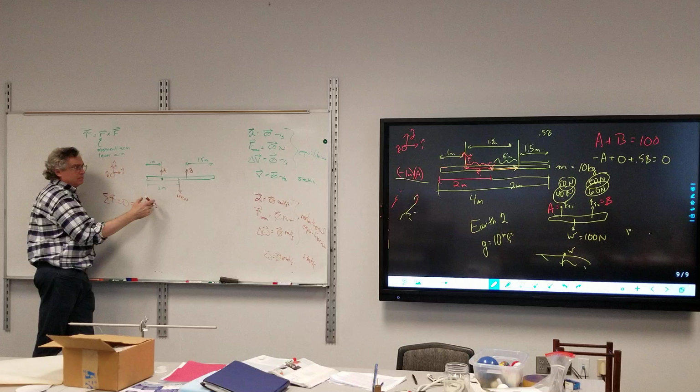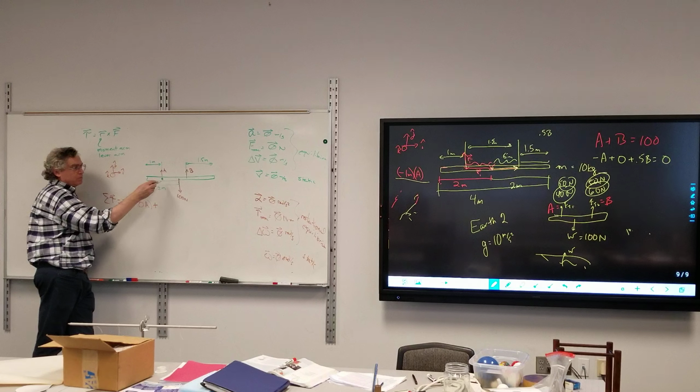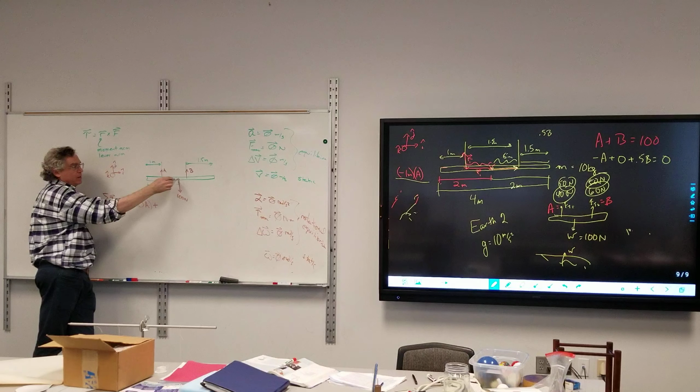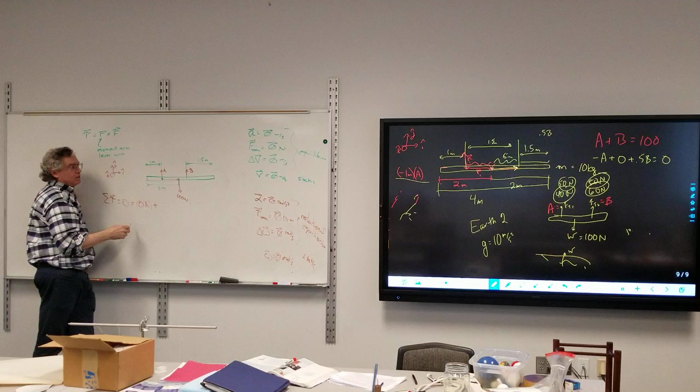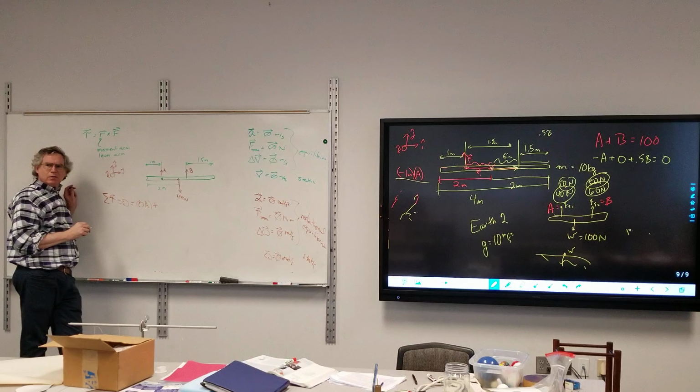What is R going from here to here? R for the weight. What is the moment arm, going from my axis of rotation to where this force is applied? I've heard 1 meter and 1.5 meters.